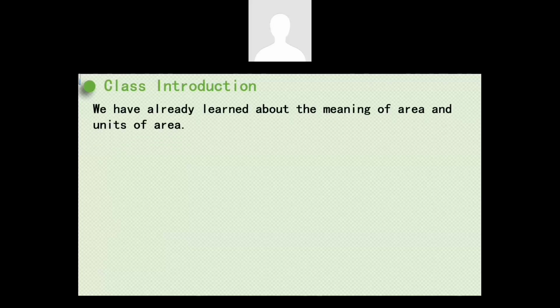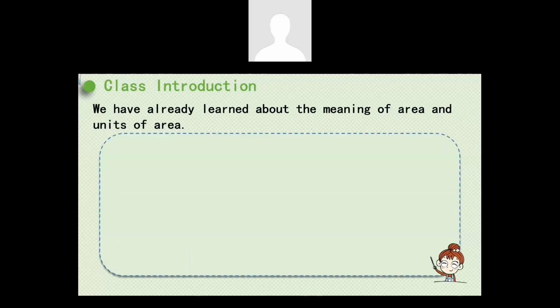Okay, we already learned what area means. Area means how much surface a shape covers. We also learned units: square centimeter, square decimeter, square meter. Now, here is a question.